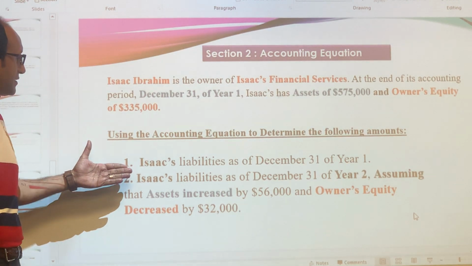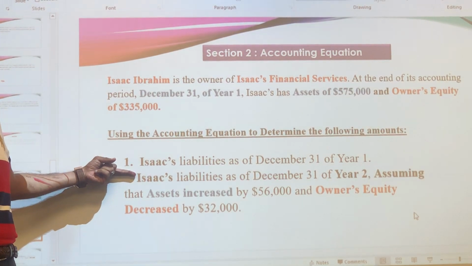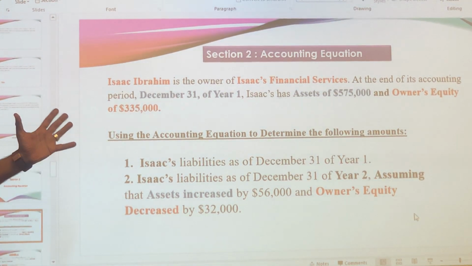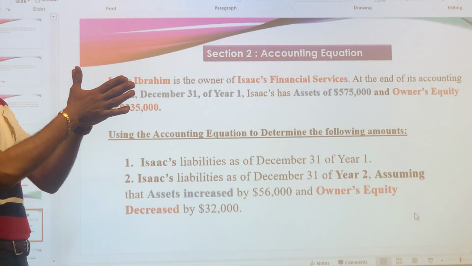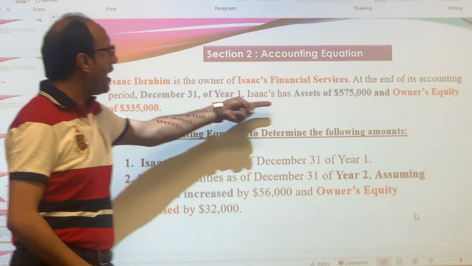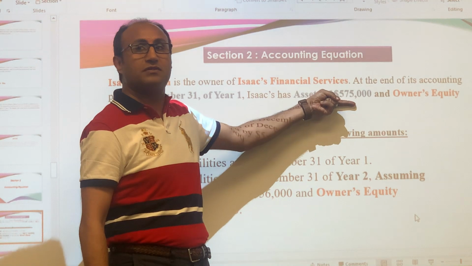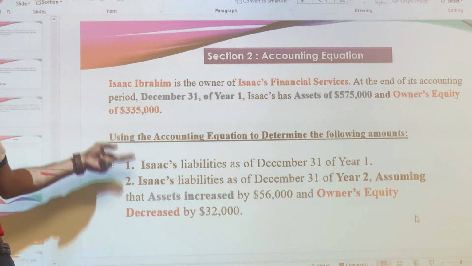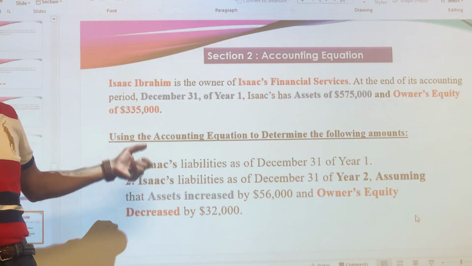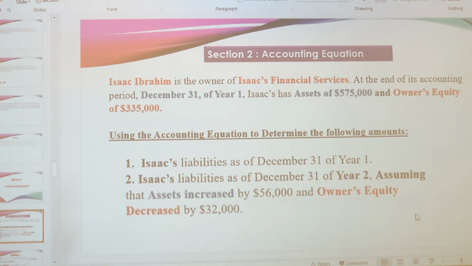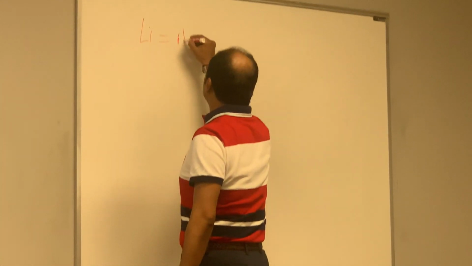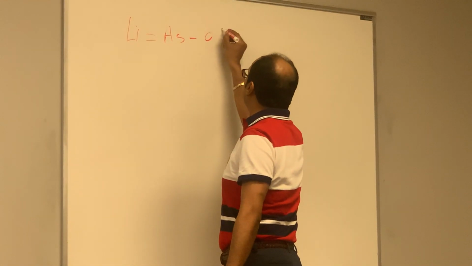So we will first figure out the liabilities on December 31 of year 1. It's very easy, it's just math, following the accounting equation. We have assets of $575,000 and owner equity of $335,000, but we are missing liabilities. The accounting equation tells us liabilities equal assets minus owner equity.